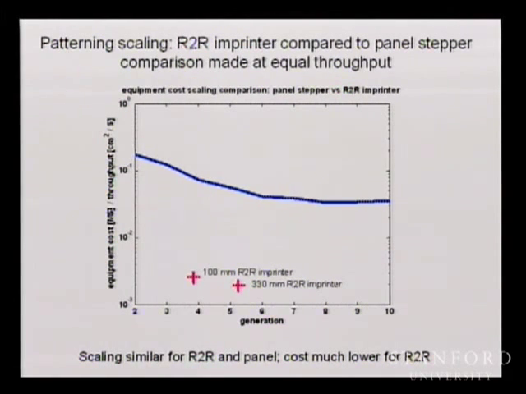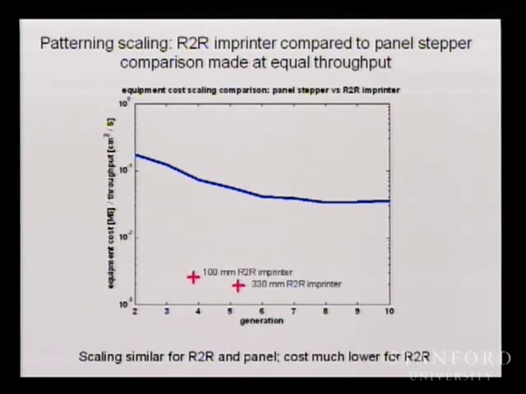But what we did find when we compared scaling, and what we're showing here on this plot, is the cost. The blue cost is the cost of a flat panel stepper versus the generation number, which can also be the size of the glass. And it also shows the reason why they're using bigger and bigger glass, because that's driving down the actual cost of the equipment, because they can do more at once with fewer changes in this batch mode.